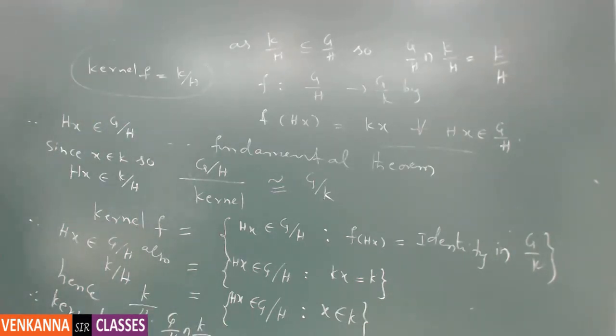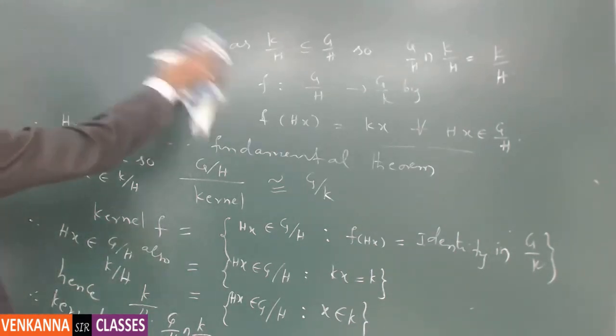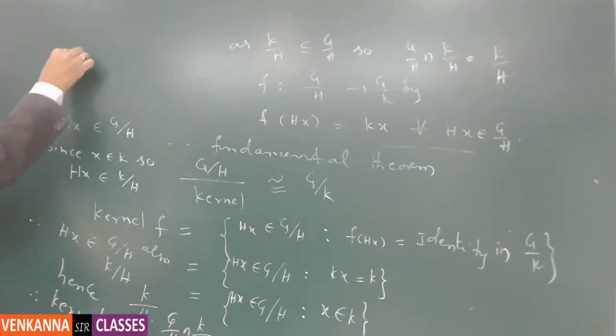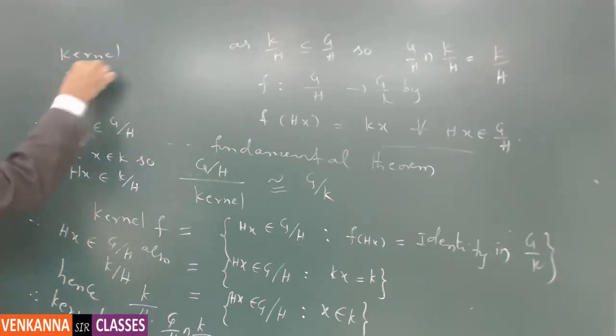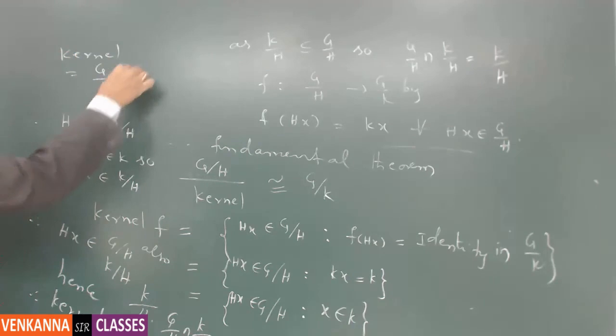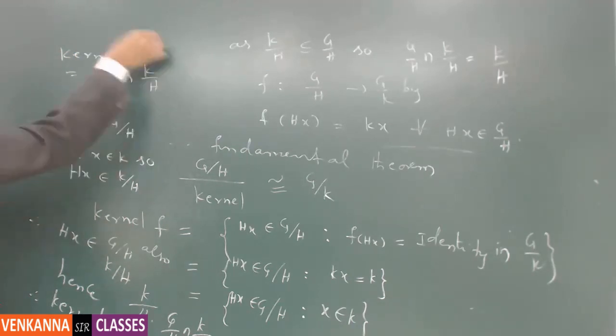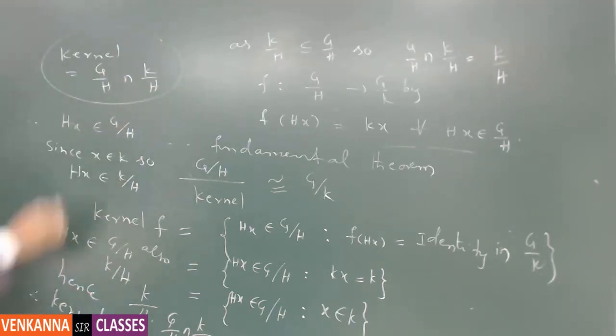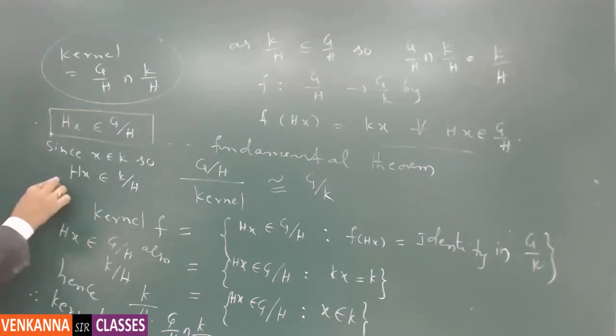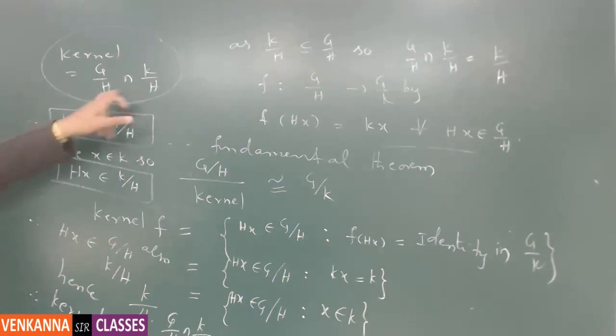I will make space here. Because we have said that Hx belongs to G by H, Hx belongs to K by H. So, kernel is nothing but having like this.